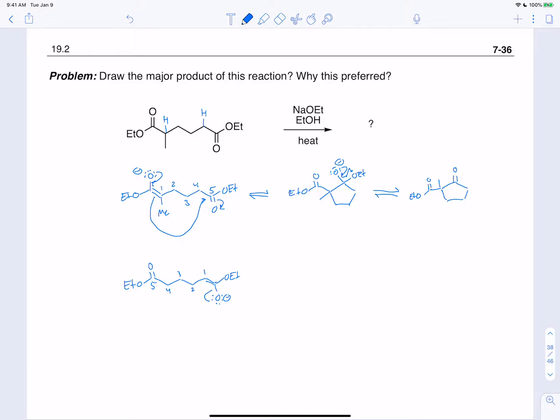And our beta keto ester product. We can now consider the same reaction here. And they really look quite similar in a lot of ways, right? They're both 5-membered ring beta keto esters.